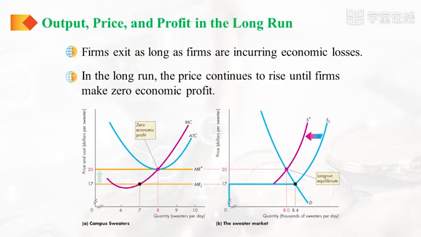By analyzing these two situations, we know that all three possible outcomes of profit for a short-run firm in a perfect competition market will reduce to just one possible situation for that firm in the long run. It cannot make economic profit in the long run because it will attract new firms to enter.